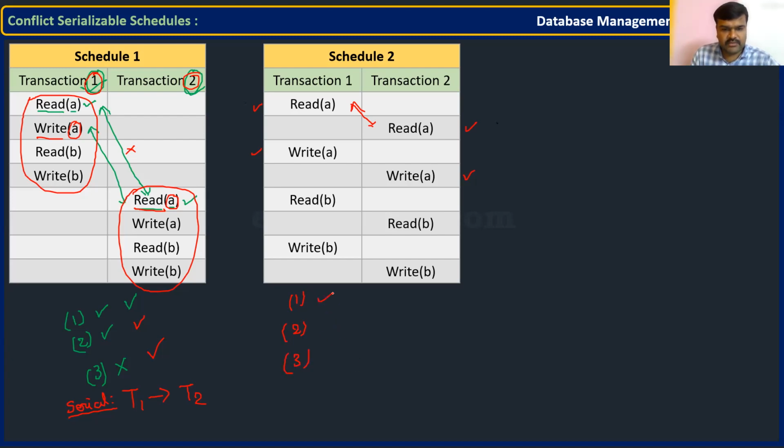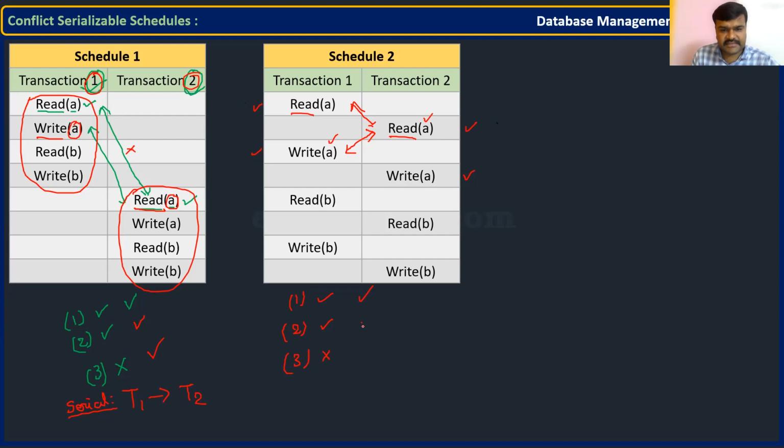Both of them same data item and both belong to different transactions, but there is no write operation. Both of them are read operations, so leave them. But here, if you observe these two, first of all, same data item, correct?